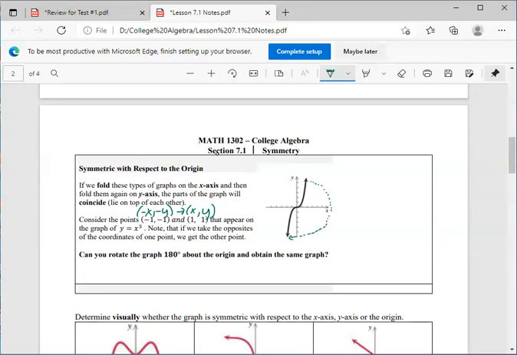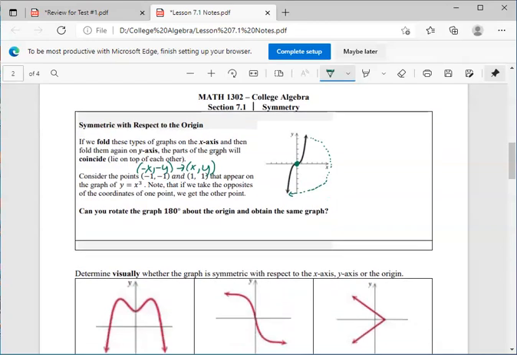Not all the way around, but you're turning from front to back and it lands back on top of itself. So this is one you can rotate 180 degrees and it just ends up on top of itself. The origin is this point right in the middle, 0, 0. Okay.